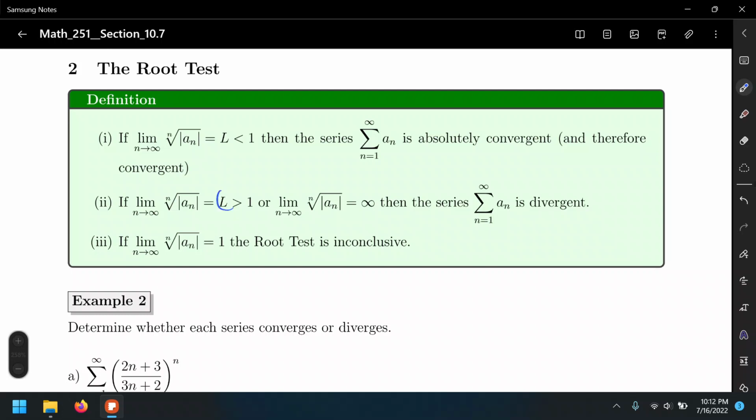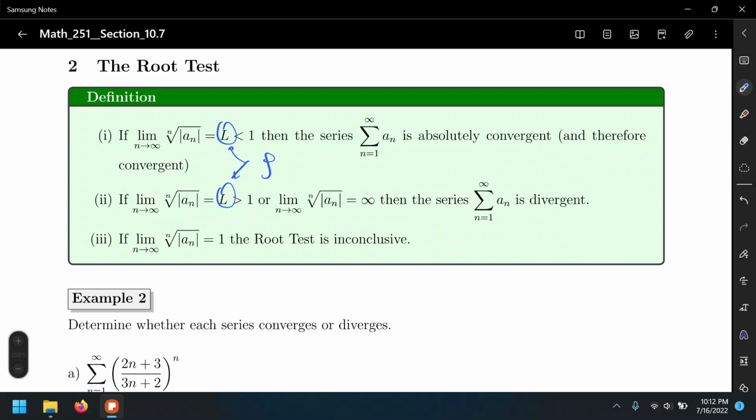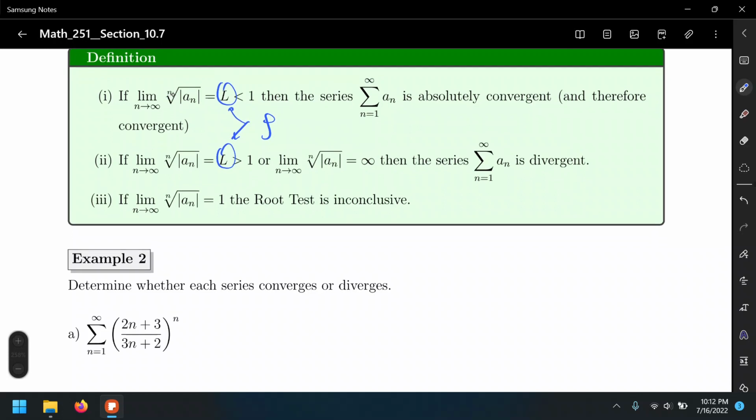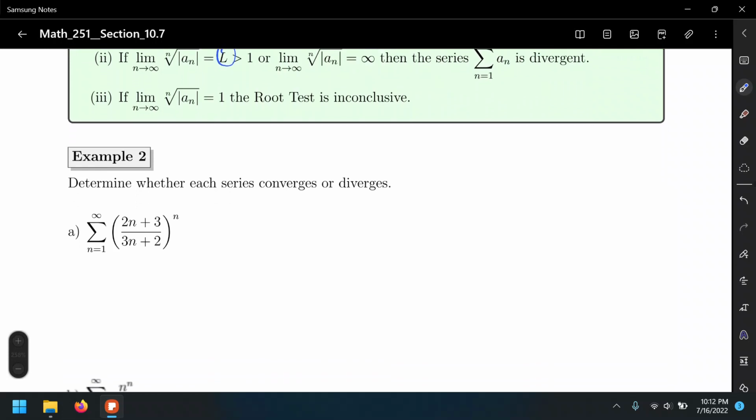Also, this L right here, some books, I think our book, use the rho symbol from the Greek alphabet, so keep that in mind when you're doing the homework so you don't get confused with the symbols. Alright, so what we're going to do is take the nth root of the absolute value of the general rule that is given.